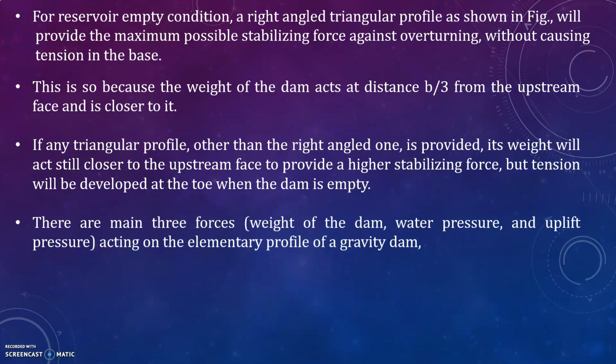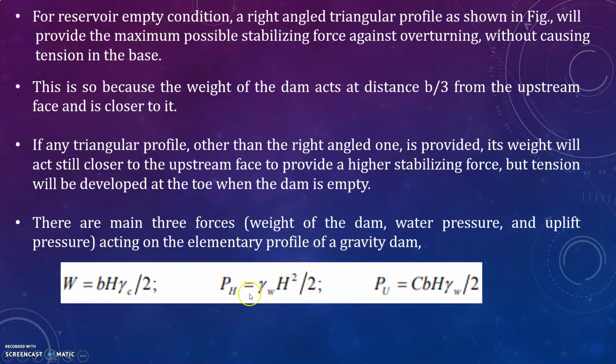empty. There are three main forces acting on the elementary profile of a gravity dam: weight of the dam, water pressure, and uplift pressure. They are given here: weight of the dam is given by PH = gamma C divided by 2, water pressure PH is equal to gamma W H square divided by 2, and uplift pressure PU is equal to C B H into gamma W divided by 2, where C is the uplift pressure intensity factor.